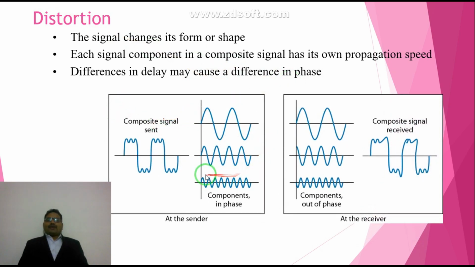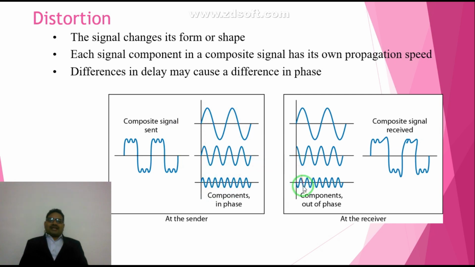You can see it over here. At the sender, the composite signal consists of 3 sine waves, and at the transmitter they are in phase. They start at the origin. Together, they make this composite signal. But when it is transmitted, since the composite signal consists of simple sine waves, they may have their own propagation speed.